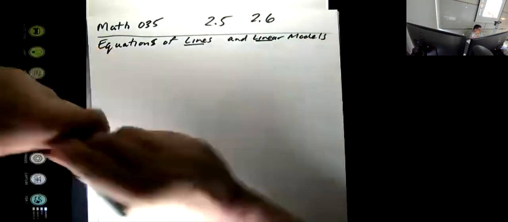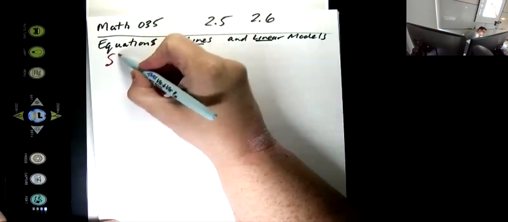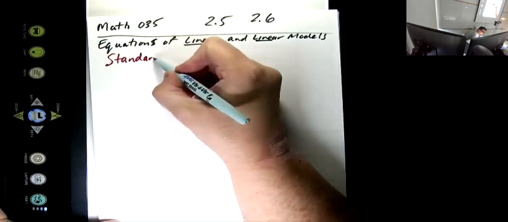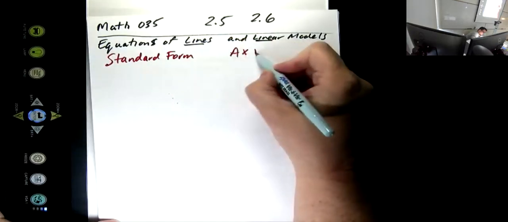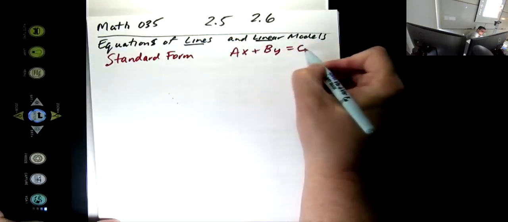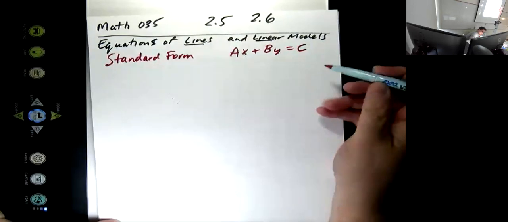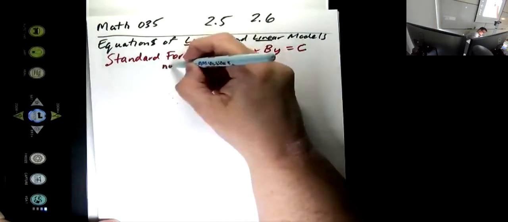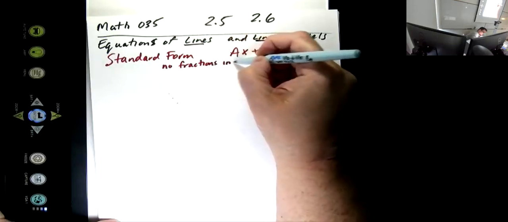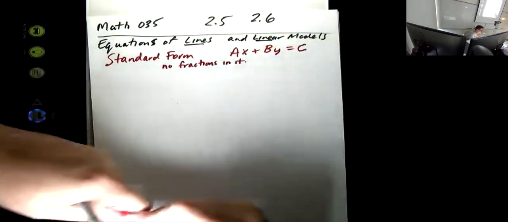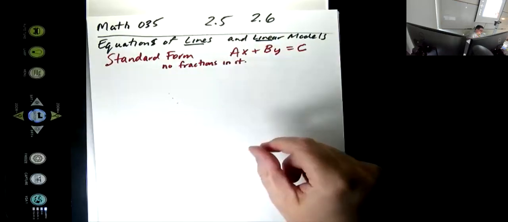The standard form is ax plus by equals c, and there's no fractions in it, so you've cleared the fractions. That's standard form. I don't know that it's all that helpful, but it's a way that sometimes they come in.